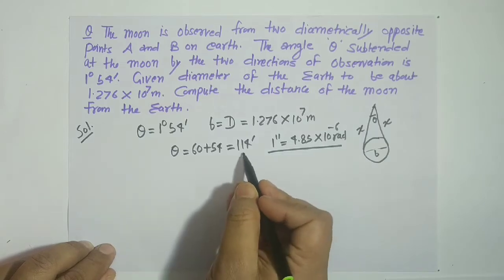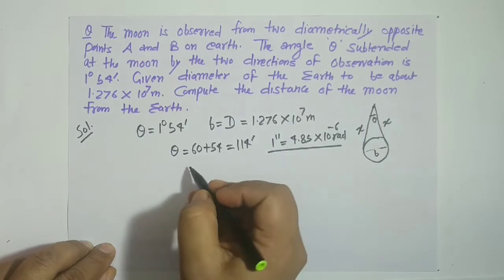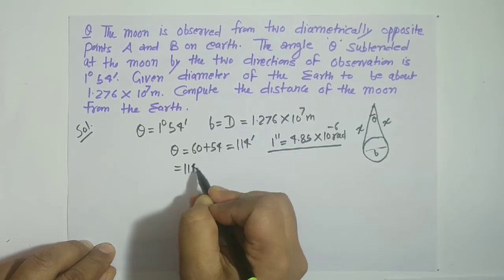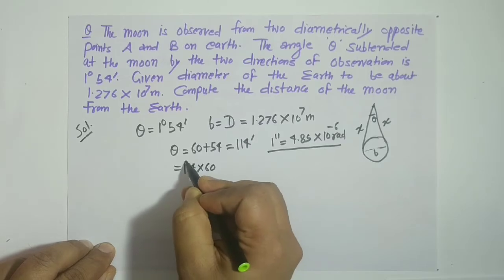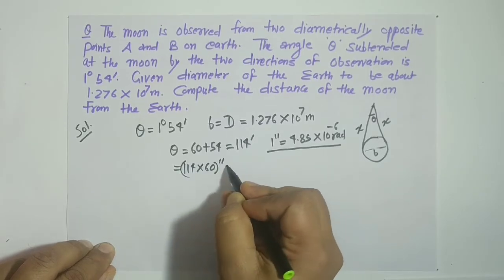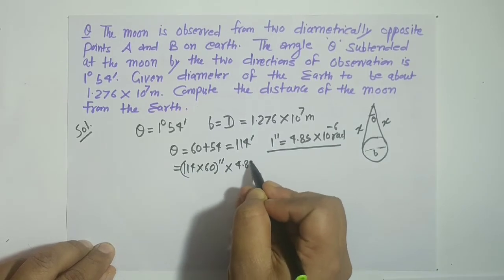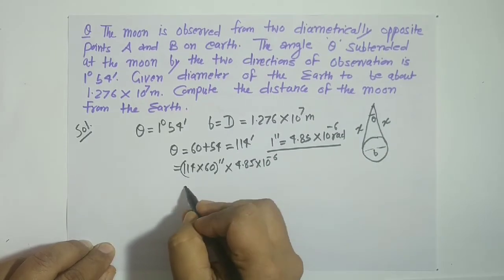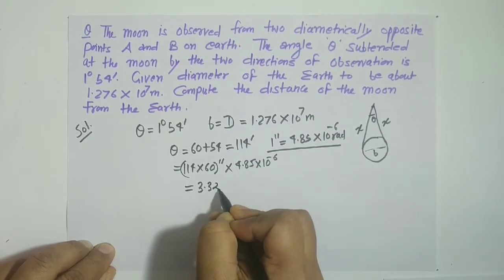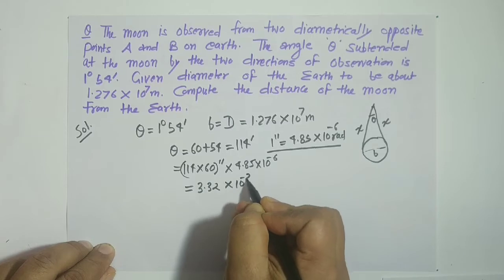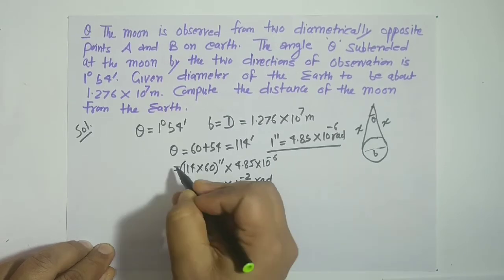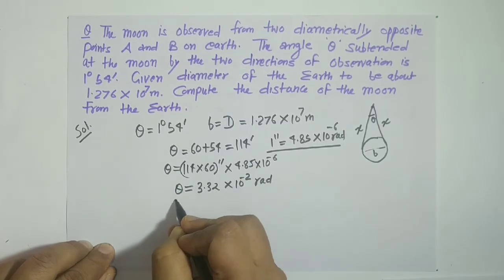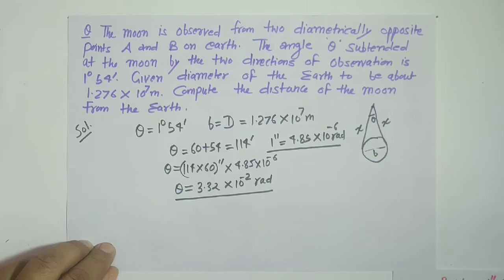Now 114 minutes we can convert into 60 seconds each, and then multiply by 4.85 into 10 to the power minus 6. So if you calculate it, it comes to 3.32 into 10 to the power minus 2 radian. This will be the theta subtended.